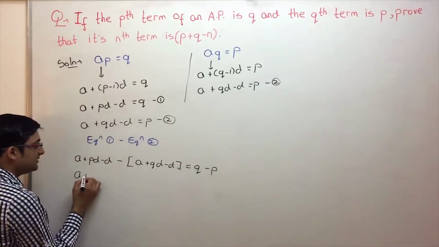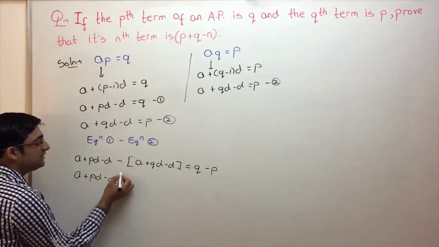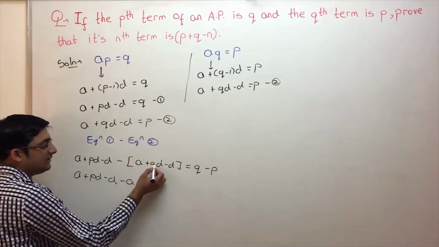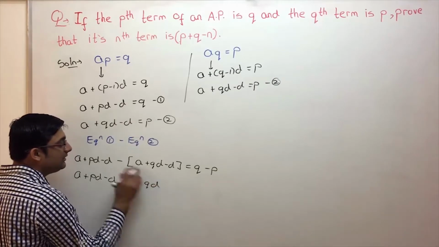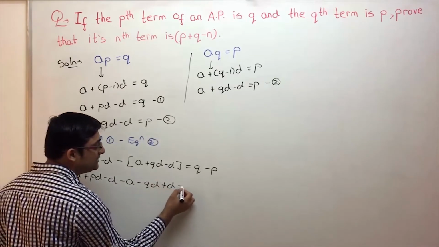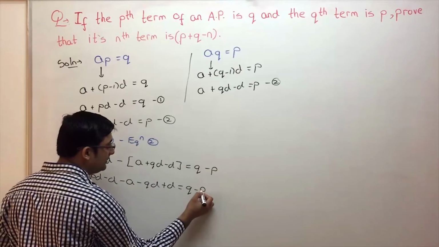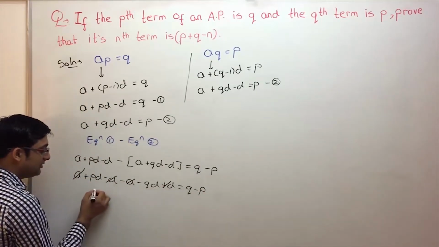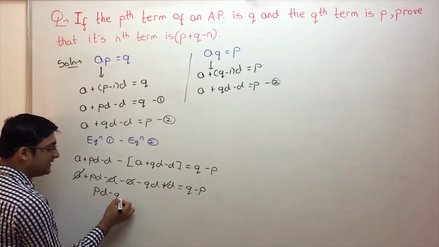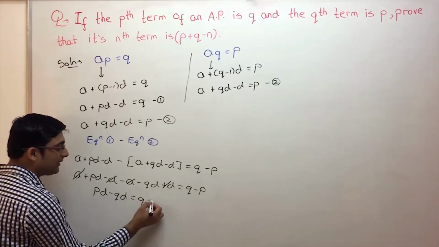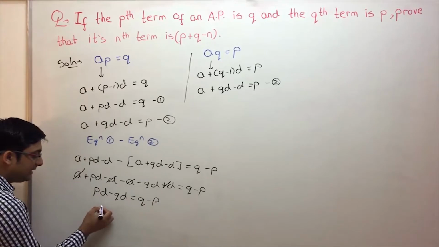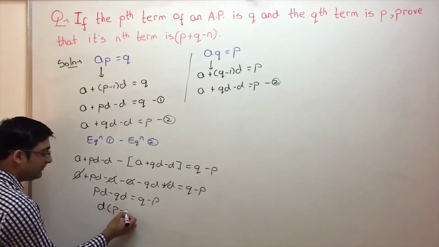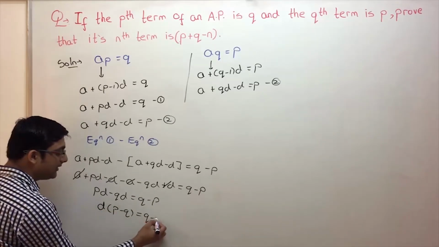So let's simplify this: A plus PD minus D, minus A, minus QD, plus D, is equal to Q minus P. So A minus A gone, minus D plus D gone. We have PD minus QD is equal to Q minus P. From here I'll take D common. So D into (P minus Q) is equal to Q minus P.